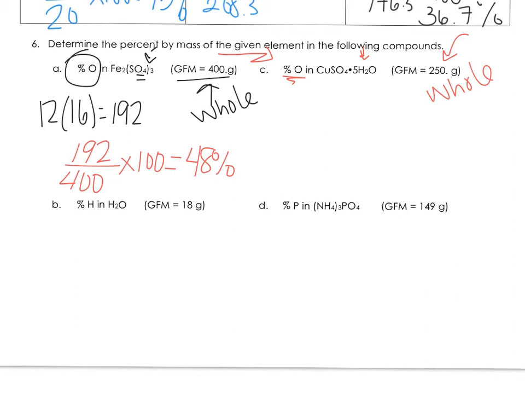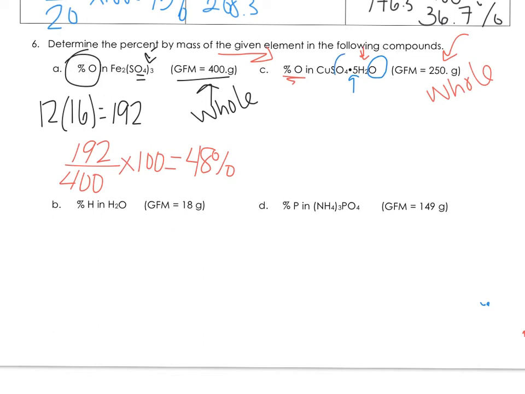And so now, if I know that I have a whole of 250, the only thing for me to do is to figure out how much oxygen I actually have. So we've got 1 oxygen here, okay? However, I see that I have a 5 in front of that, this coefficient, and so that means that I have 5 oxygens there.